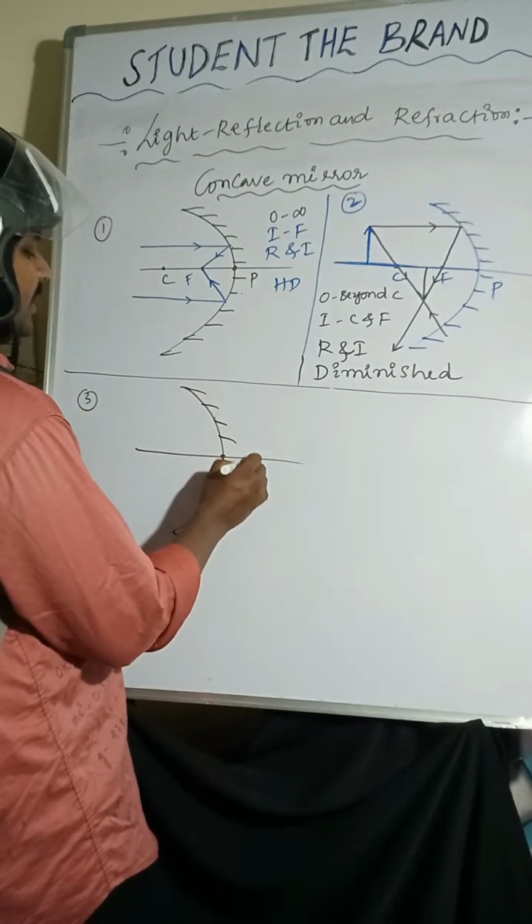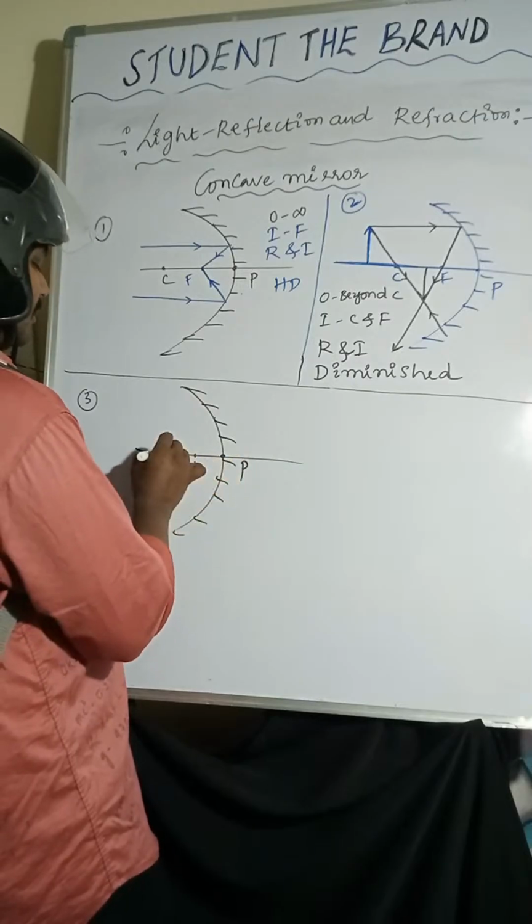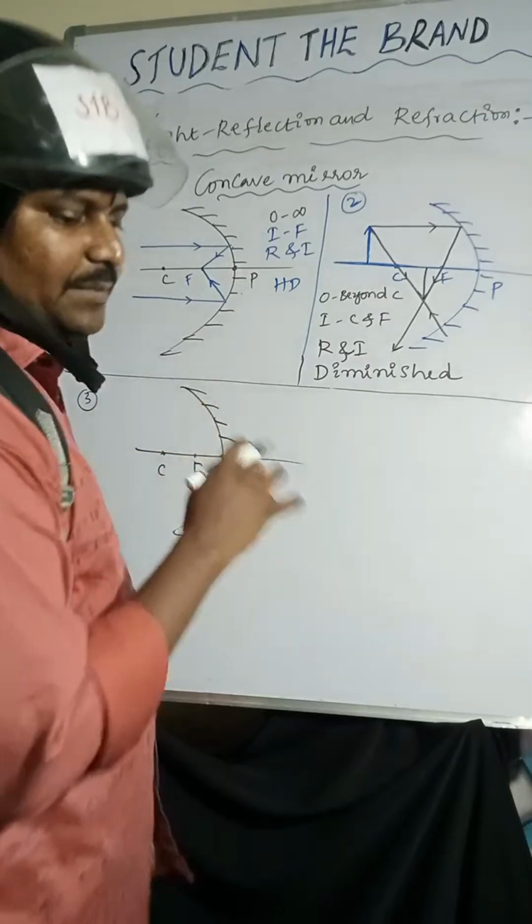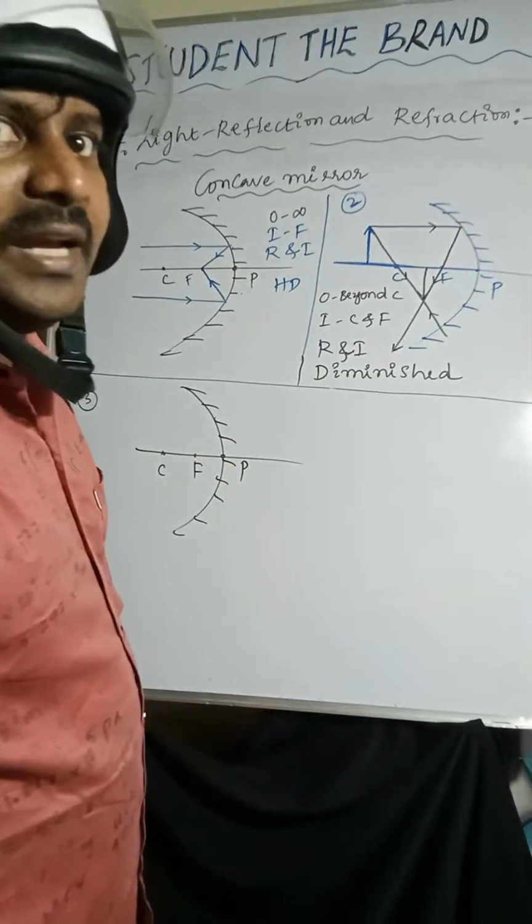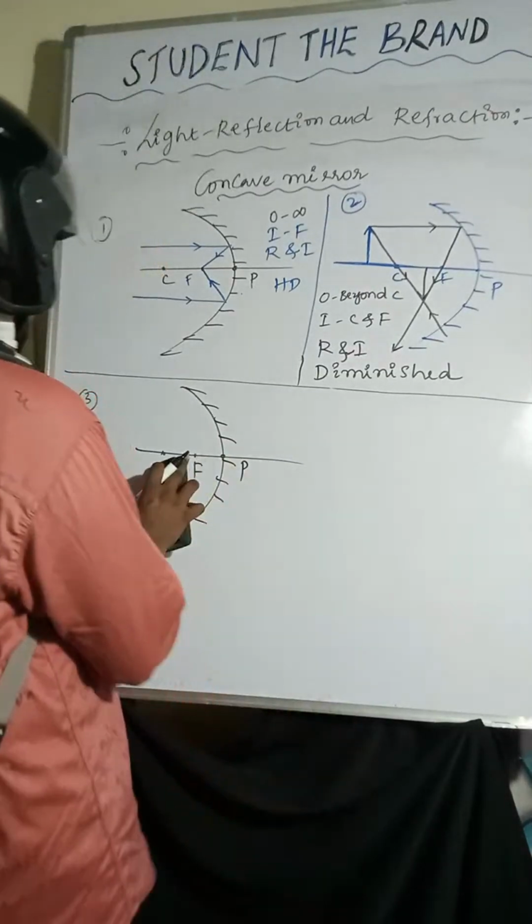This time object is placed at C. How many light rays are required? Minimum 2 light rays, right?